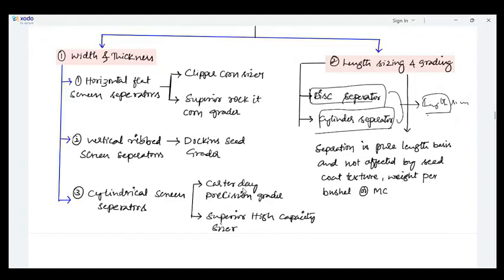So if in the exam they ask you, okay, the seed lot differs in length, suggest a suitable machine through which we can separate the seeds, then the answer would be disc separator or cylinder separator. And we have other machines for width and thickness. These are not very common, so don't worry about it.